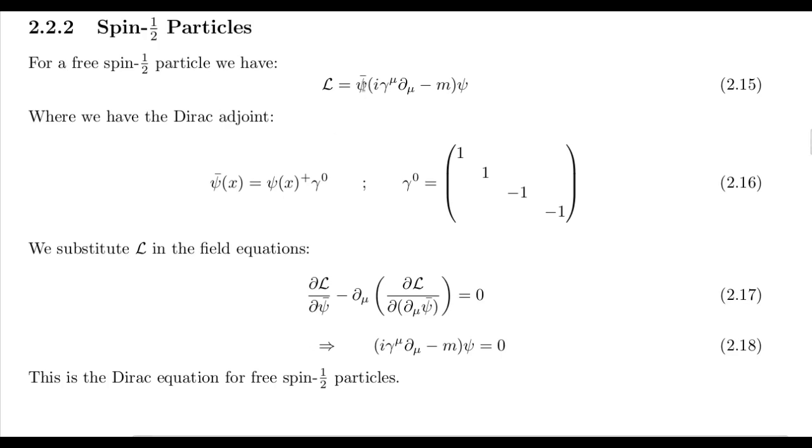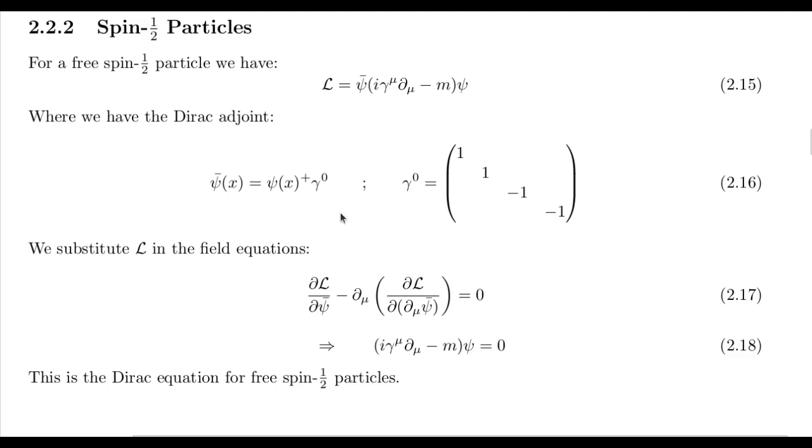And here we have psi bar. That is the so-called Dirac adjoint. Psi bar is the psi function, psi plus, multiplied by the gamma 0 matrix. This is the shape of the gamma matrix here.